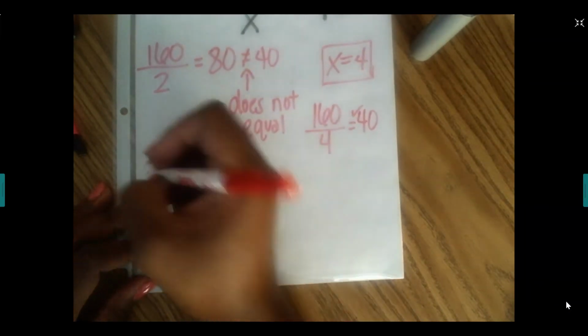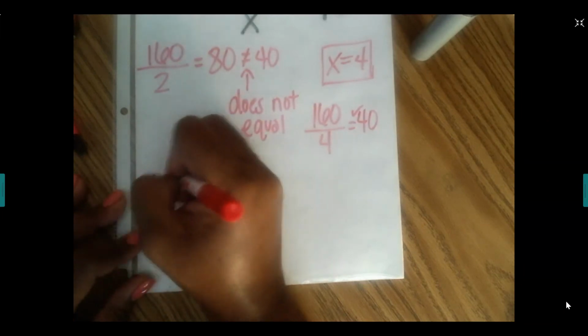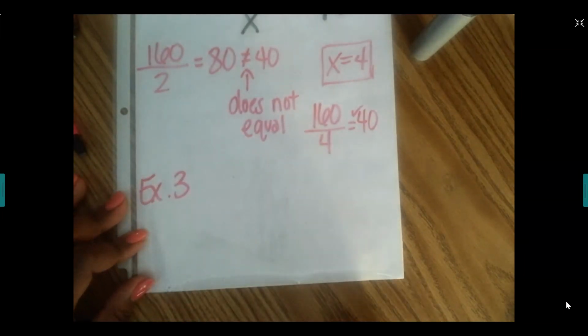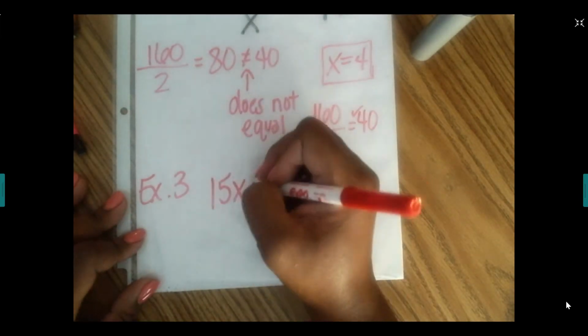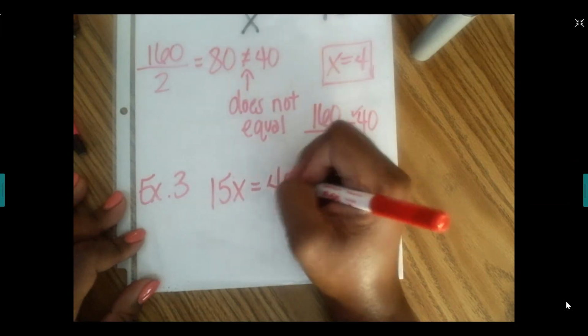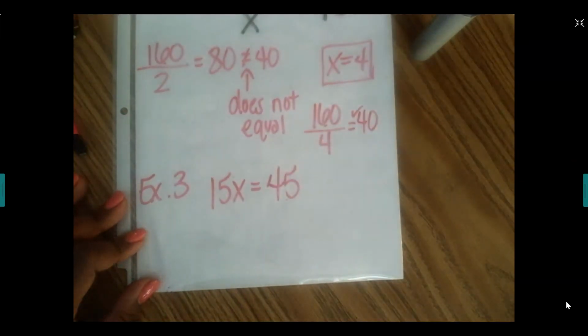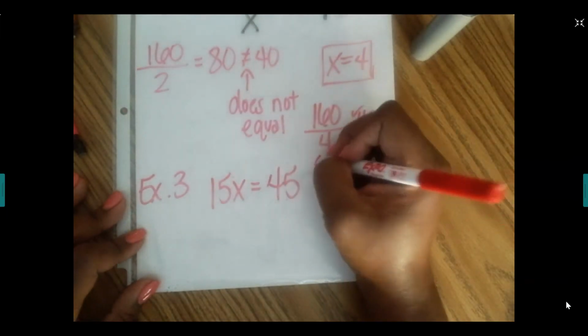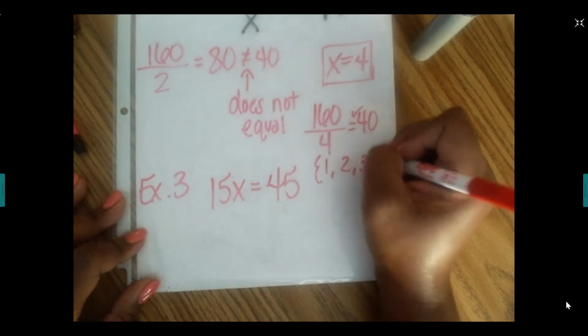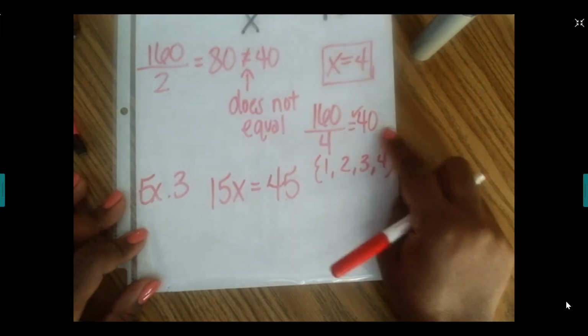Example 3. $15x equals 45. Remember, our replacement set is 1, 2, 3, and 4.